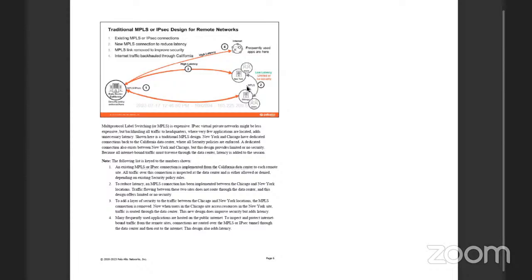When a user who is in Chicago wants to access something on the New York side, the traffic has to first reach the data center in California, where it will be inspected, and then it will go to the New York side, which adds to the latency. It improves the security posture, but it adds up to the latency.